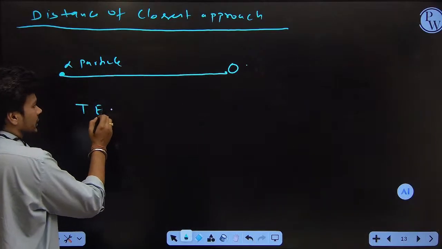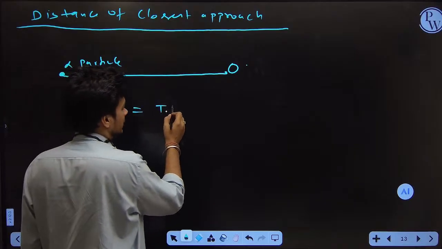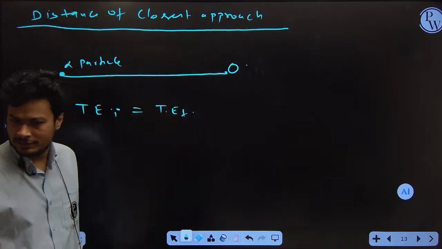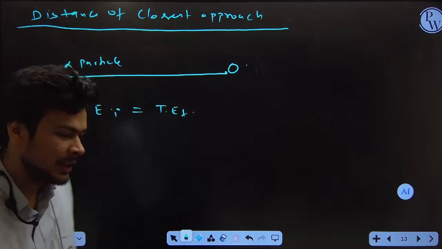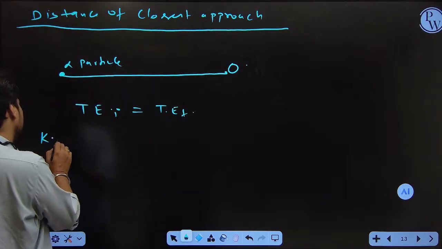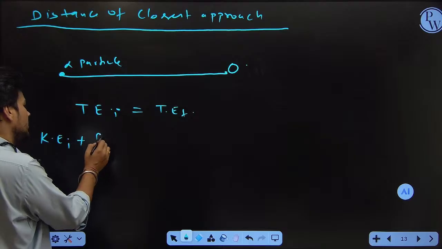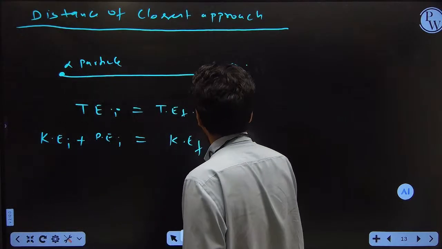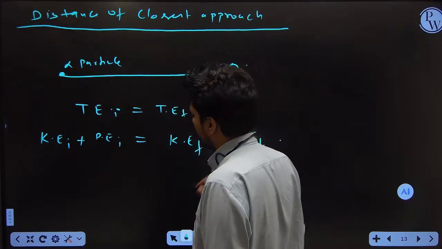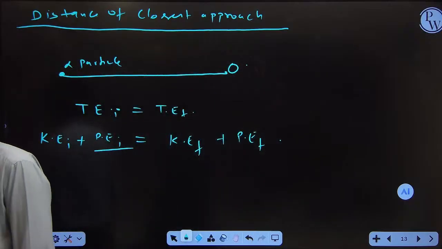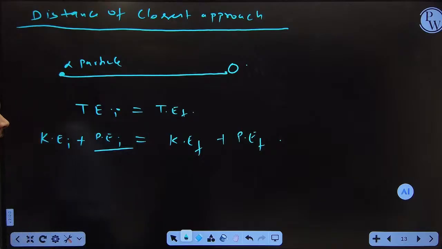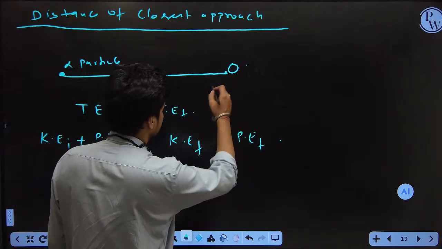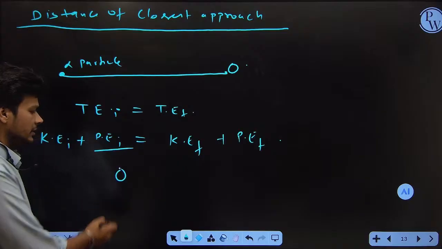We can say total energy initial equals total energy final, the law of conservation of energy. What is total energy initial? Kinetic energy initial plus potential energy initial will be equal to kinetic energy final plus potential energy final. What is the potential energy initial? It will be 0.